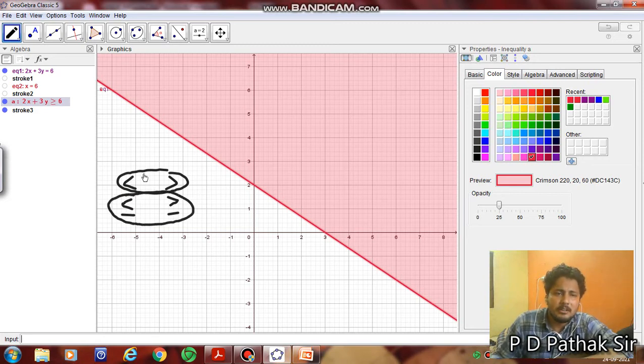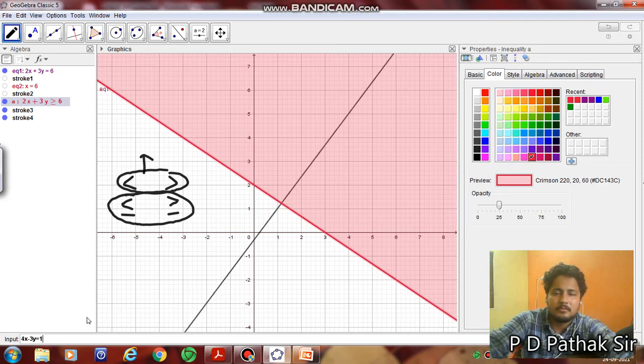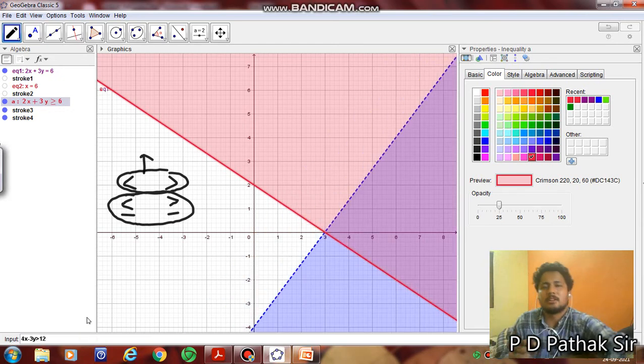If we are taking an inequality, suppose I am taking 4x minus 3y greater than equals to 12, or only greater than 12.